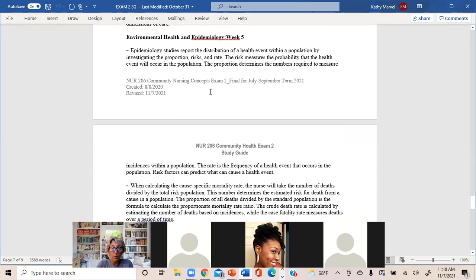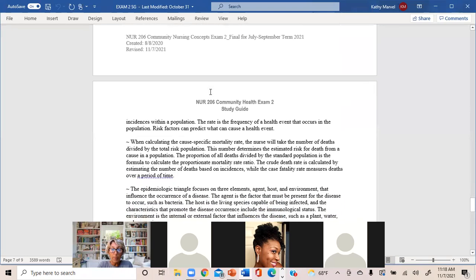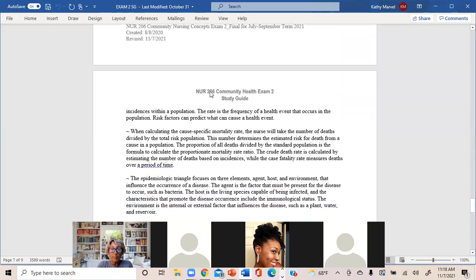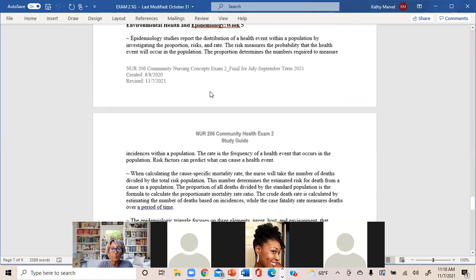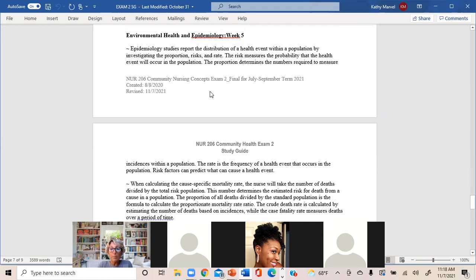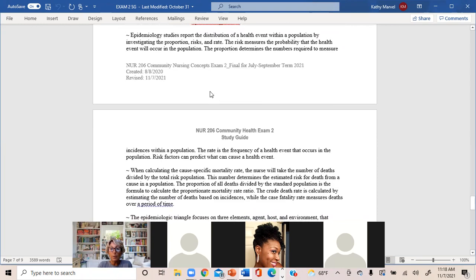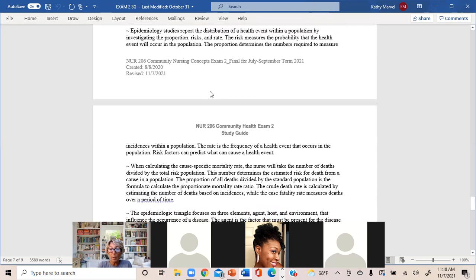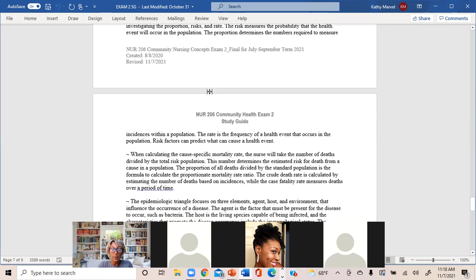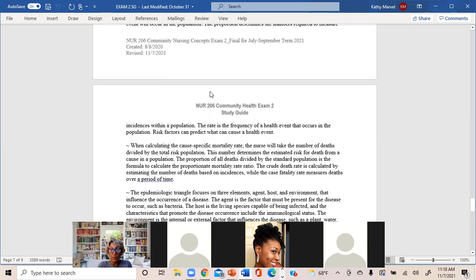Right, and it goes through what each of these are. Okay. The risk measures the probability that the health event will occur. The proportion determines the number required to measure the incidences within a population. And then the rate is the frequency of the health event that occurs in the population.